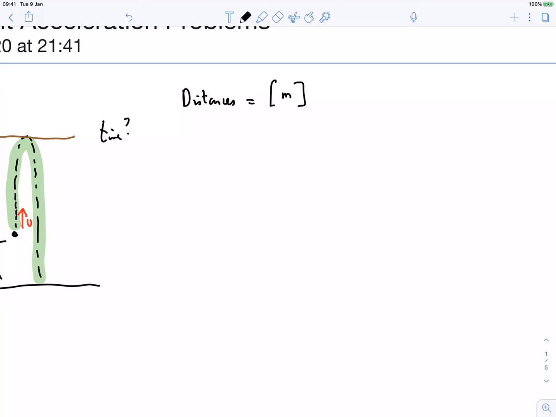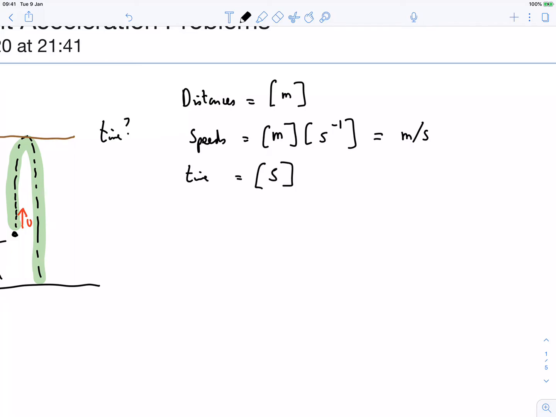If I'm talking about speeds or velocities, then I'm talking about meters per second, and I'm going to write that as meters and then s to the power of -1. You might also have seen m/s, meters per second, but essentially that's the same thing. And then finally, we're talking about time. Now, we're usually going to measure that in seconds.